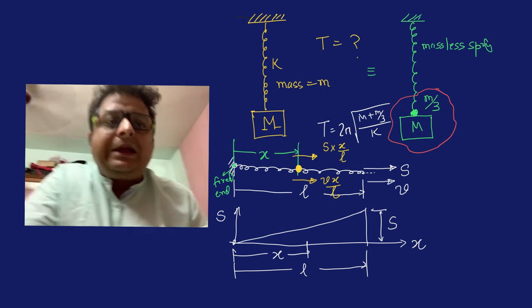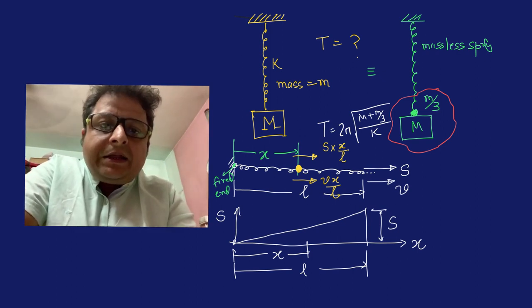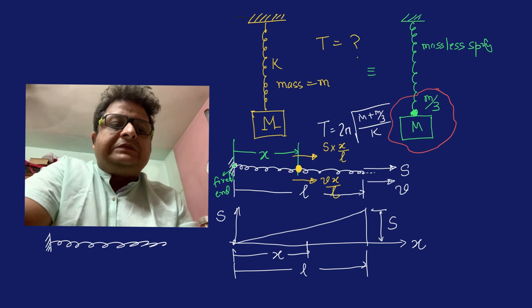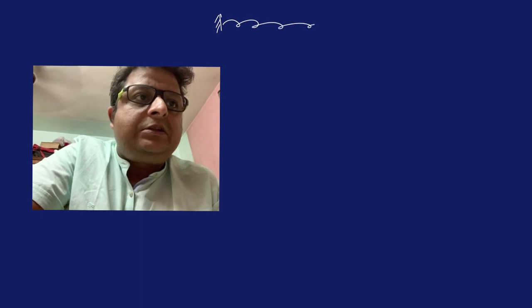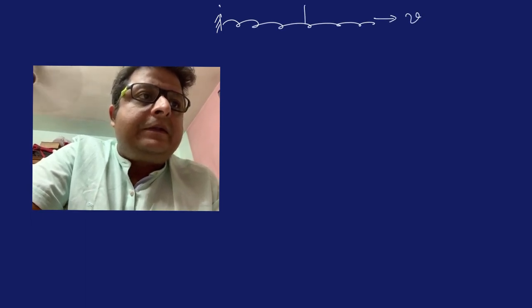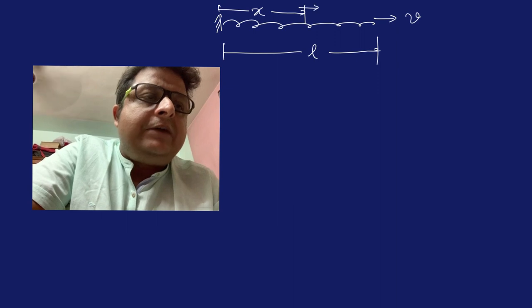So now we will calculate the kinetic energy of the spring. Coming back to that, this end has velocity v, and the spring has length l, and at a distance x, this will have a speed vx by l.